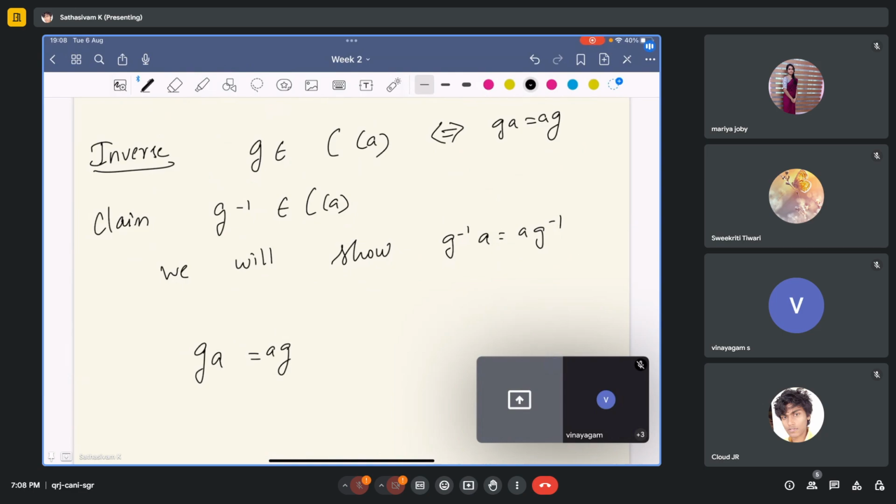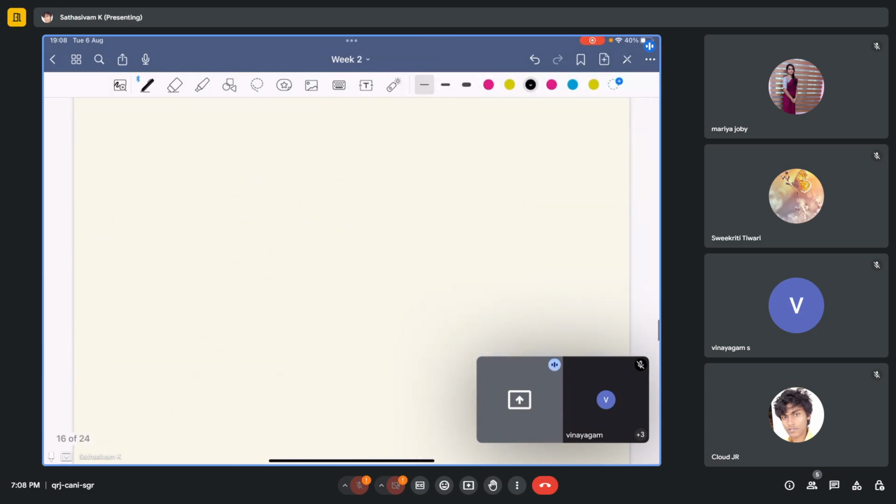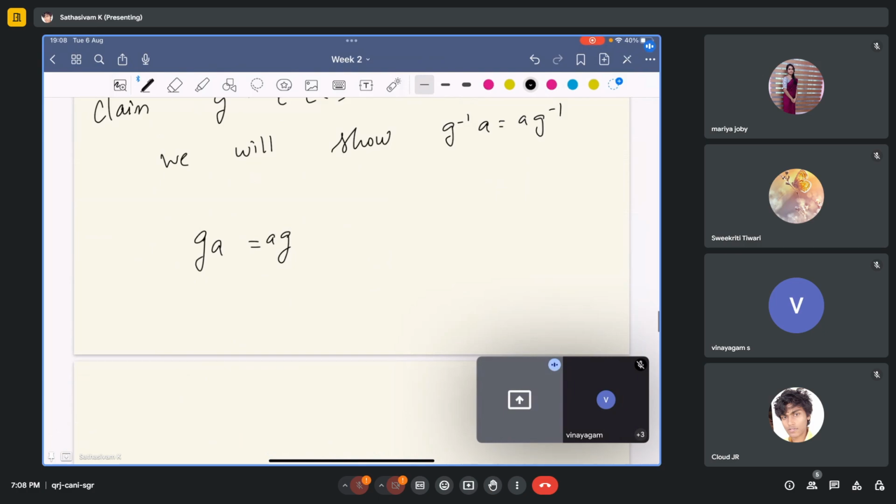What you do is just multiply both sides with, let's say, G inverse. Because somehow we have to go to G inverse, right? So let's just blindly multiply both sides with G inverse. So G inverse GA equals G inverse AG.